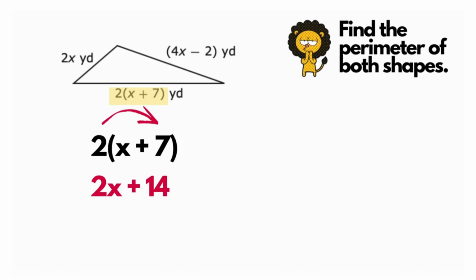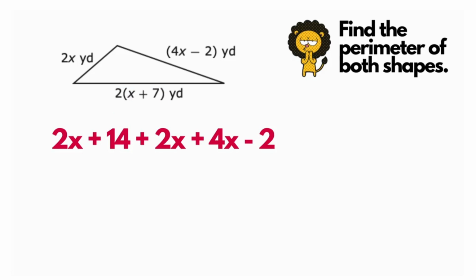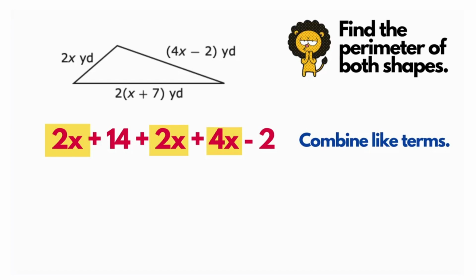Now what we can do with that is take it and put all three of our sides together and then combine like terms and see what our answer is. So let's go ahead and do that. Let's combine the like terms. Let's start with the variables. We have a positive 2x, a positive 2x, and a positive 4x. When we add all those together, we get 8x, and then we still have plus 14 and minus 2.